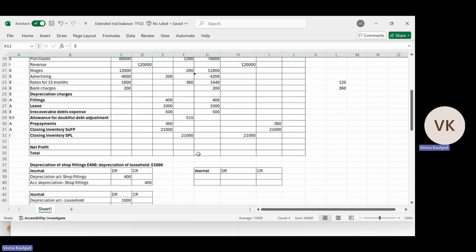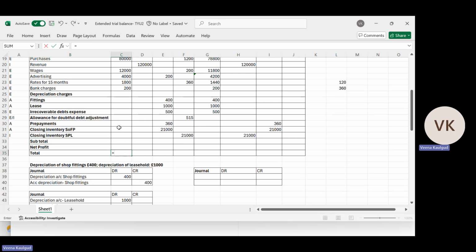So if I want to add up all the accounts, what we will do is we will create a subtotal column, because we need a subtotal so that we know which side is bigger. Okay, so it is like a T account, right, guys? So let us do all the totals.